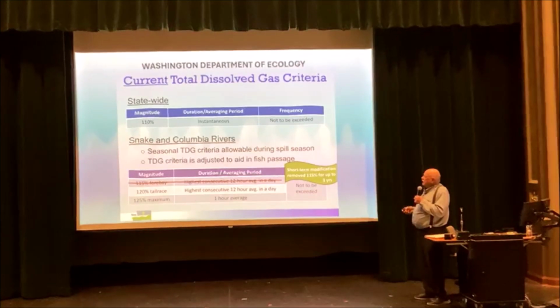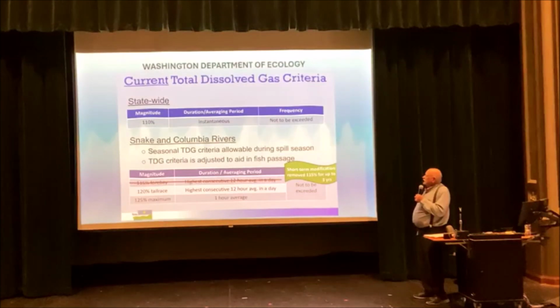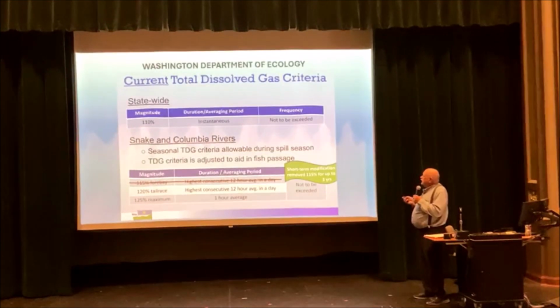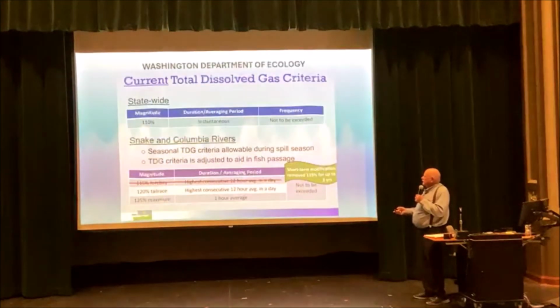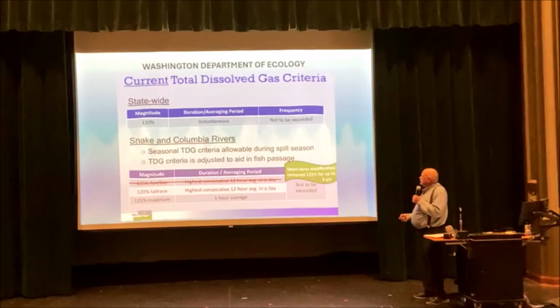So in the early 70s, the Environmental Protection Agency, Oregon, Idaho, and Washington set their standards at 110%. That's instantaneous, not to be exceeded. Then we had the 115% situation, and now they went to 120% situation. Now we're up to 125%.